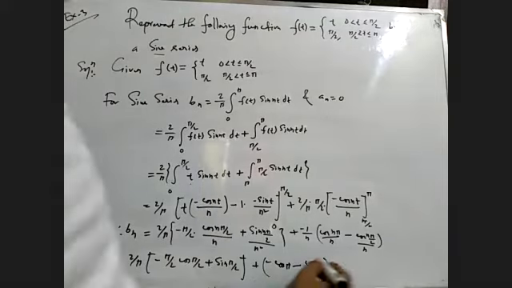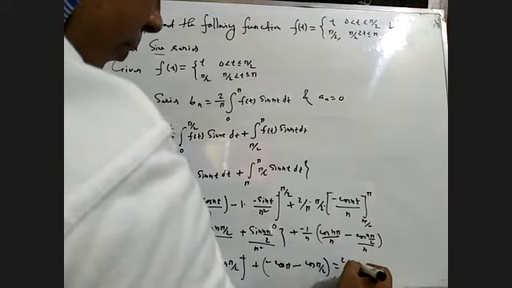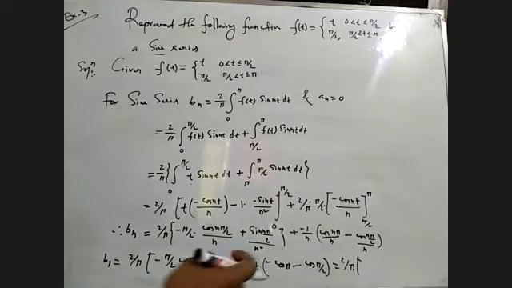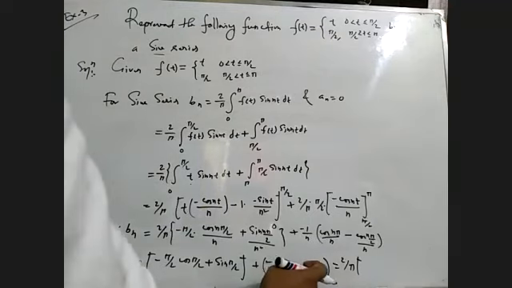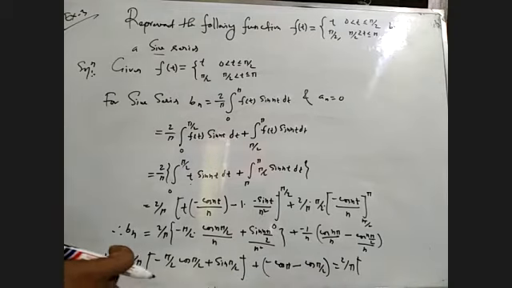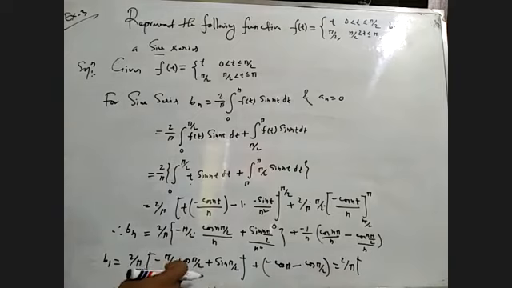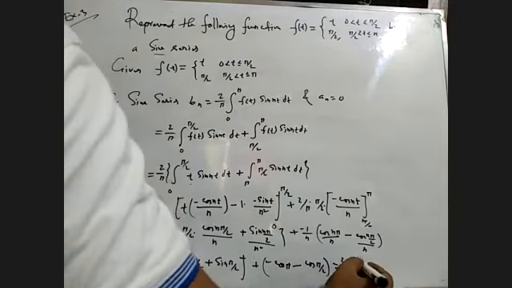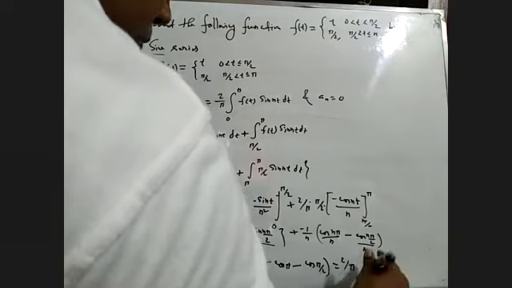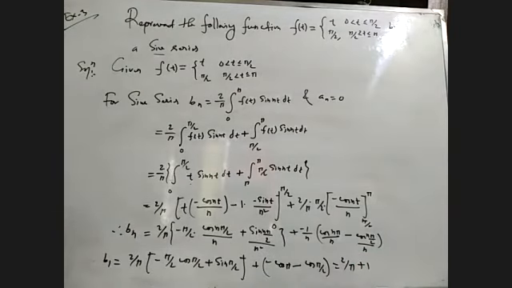So 2 by pi, where cos pi equals minus 1, and cos pi by 2 equals 0, and sin pi by 2 equals 1. So after calculating, we get 2 by pi times pi by 2 plus 1. This is the value of B1.